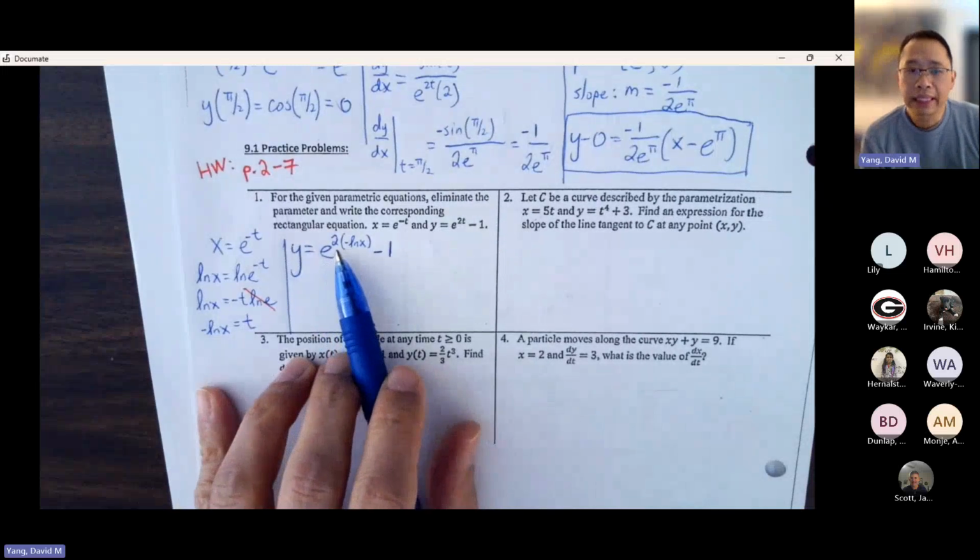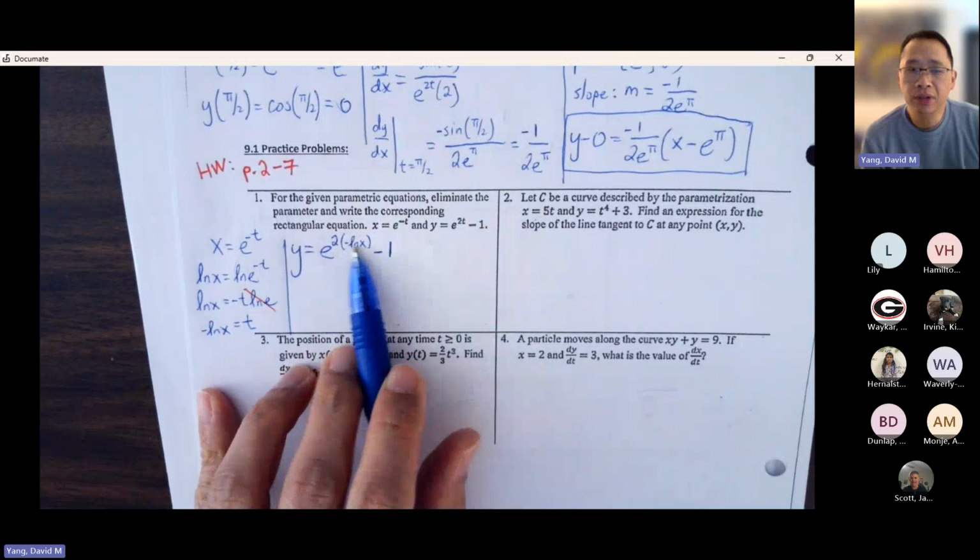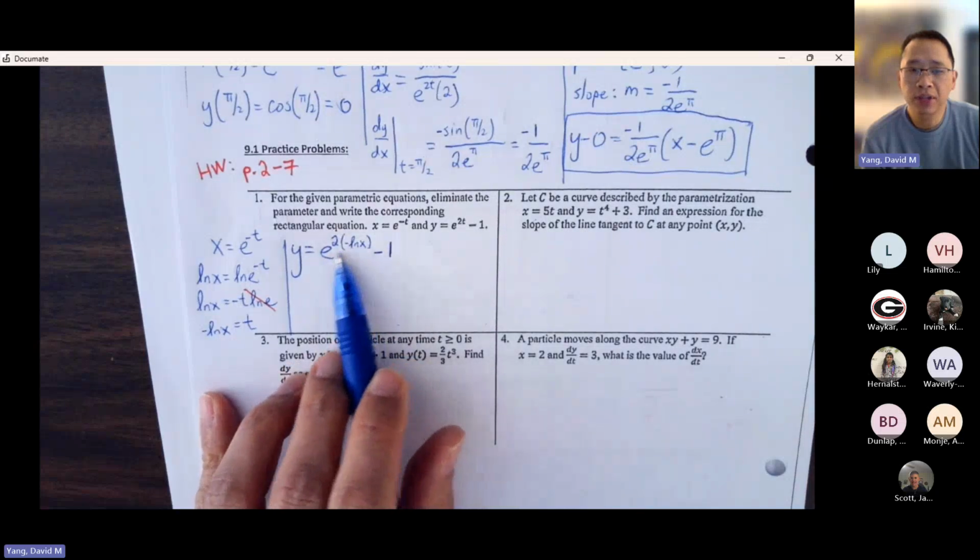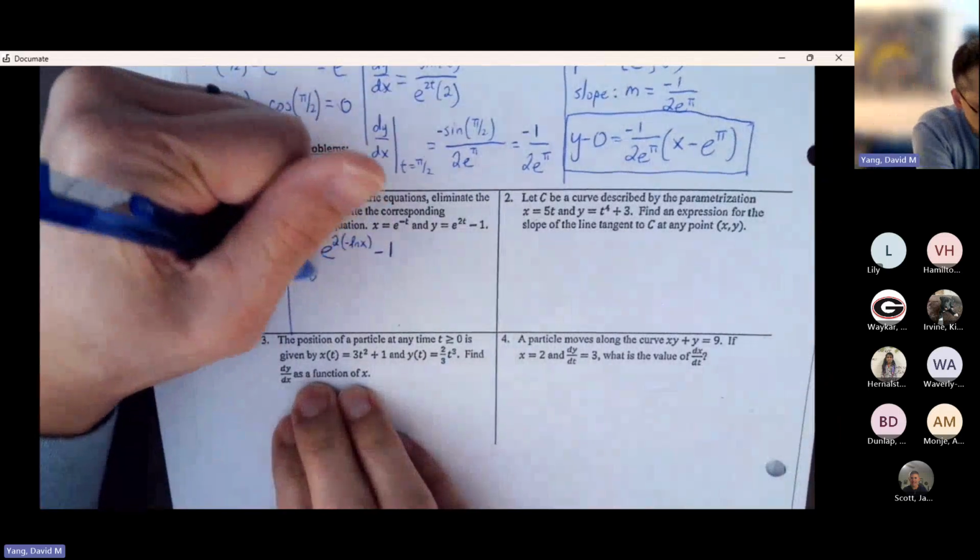I'm going to try to find a way to clean this up here using log properties. Also have e and natural log here, so I should be able to get these to work together to clean this up, cancel out. So let's see if we can do this.